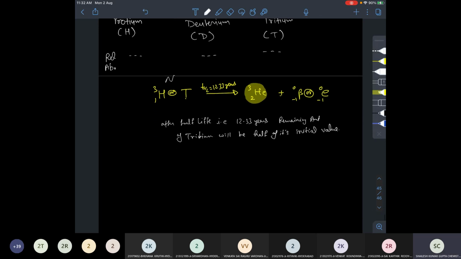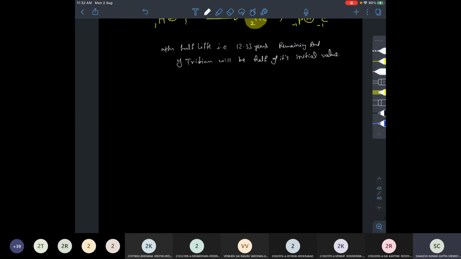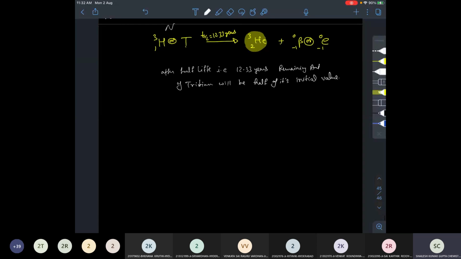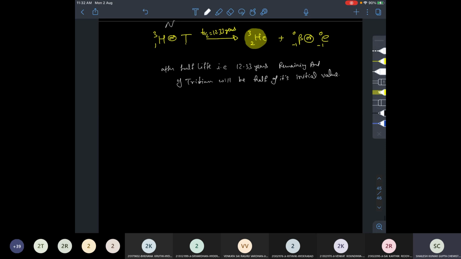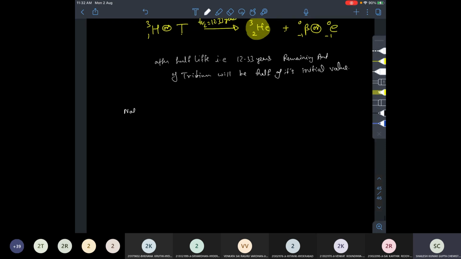All right, everyone. Now we are done with the isotopes of hydrogen. Is there any difference in the property of the isotopes? Yes, we do have difference here between H and D. Many properties are different. Note. Tell me, what is your expectation about the boiling point of H2, D2 and T2?